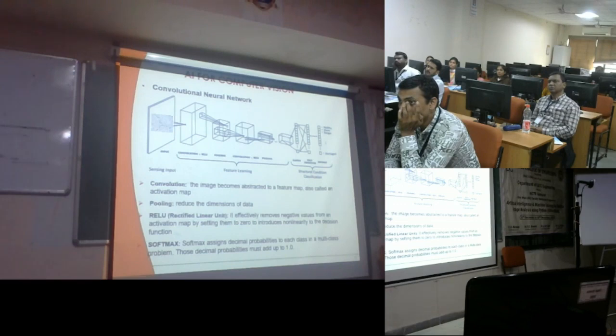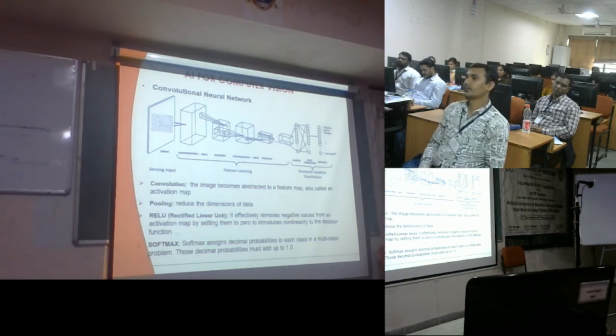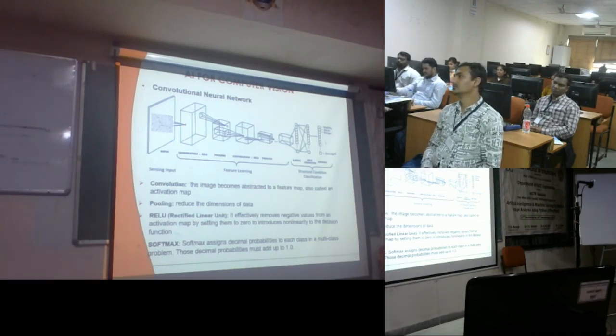Because every image is a matrix, which contains rows and columns, and each element represents the pixels and its intensity, right? If you are working on a binary image, it may contain only 0 and 1, but if you are taking a gray image, it will take 0 to 255, and more colorful images will take more intensity, right?